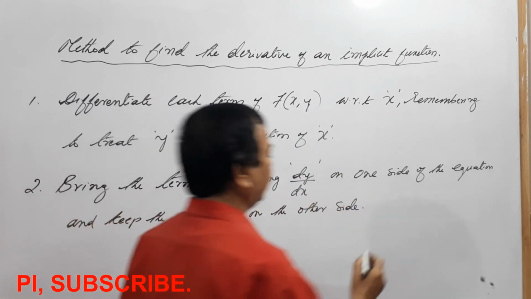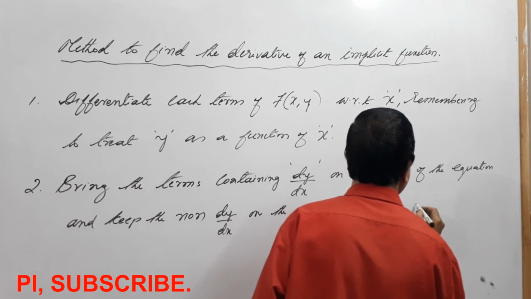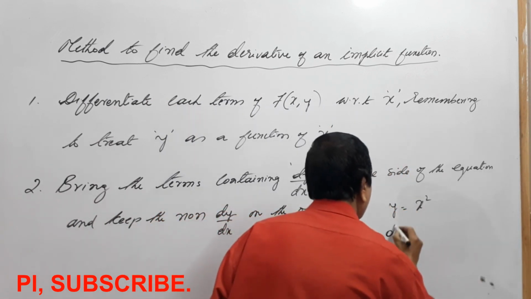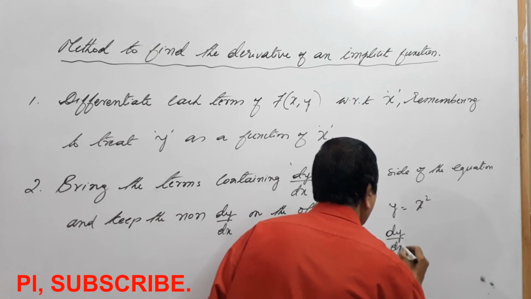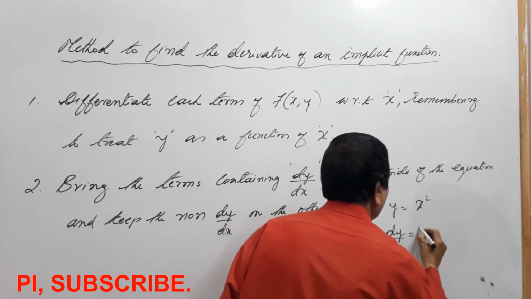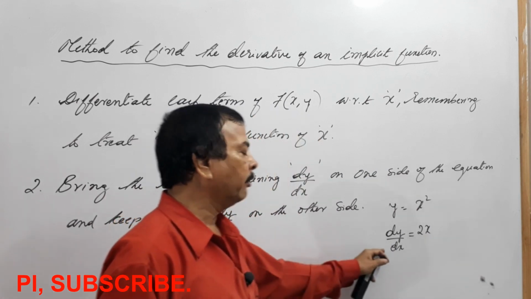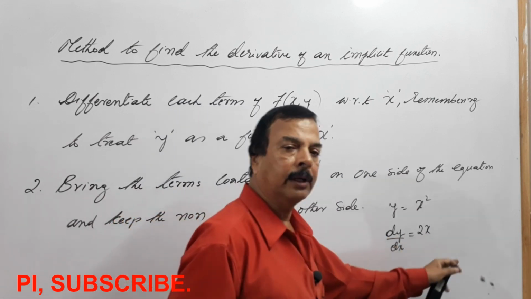So supposing the equation, if you have y equals to x square, so dy by dx equals to 2x, right? So this is what is asked. Keep the dy by dx on one side and the remaining on the other side.